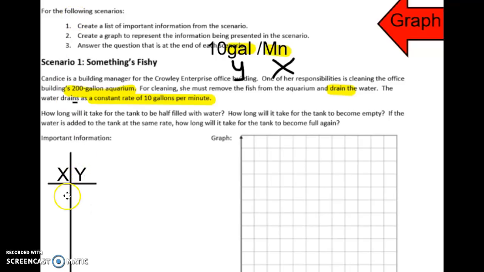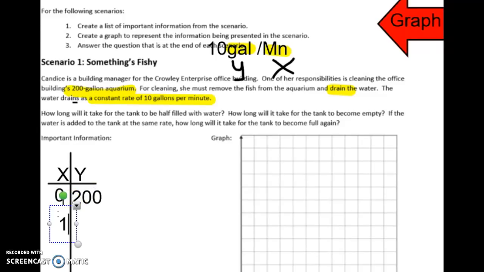This is what I need to ask myself. When Candace starts at time 0, how many gallons are in the aquarium? Well, she didn't clean it yet, so there's 200 gallons in the aquarium. So my first ordered pair of my table is 0, 200.